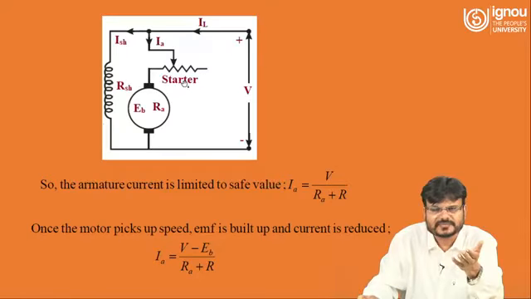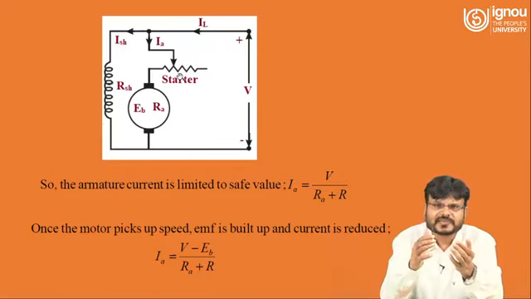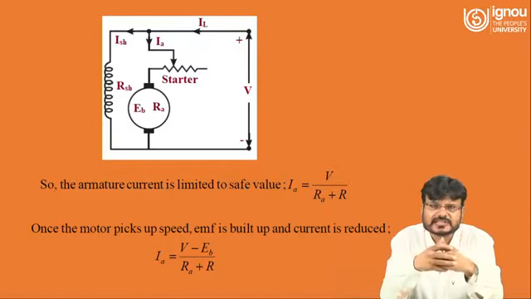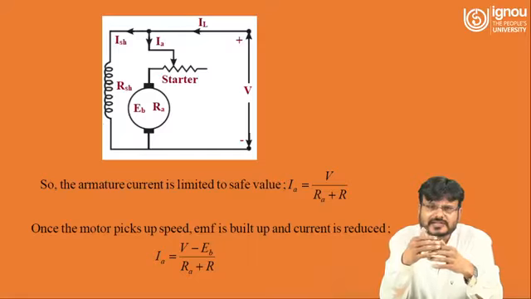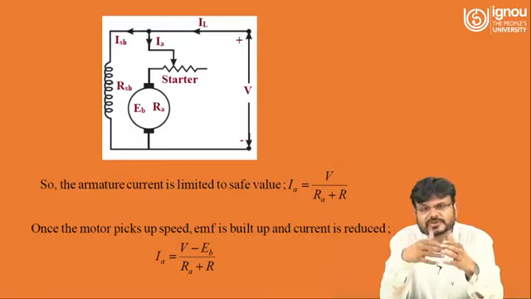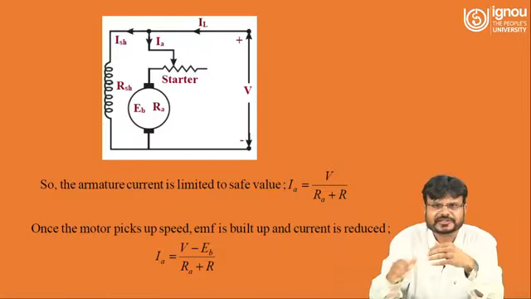You can see here this starting resistance is a variable resistance. That means in the starting you will put extra resistance in series with the armature, and after some time you will cut this extra resistance when the motor comes up to full speed, or is running at the rated speed.